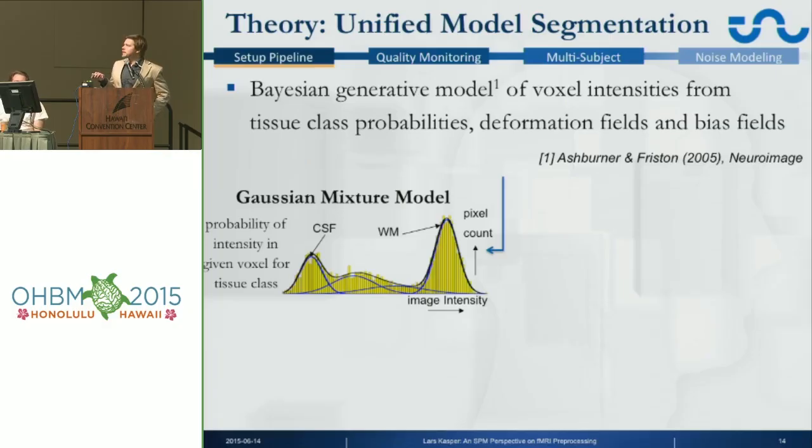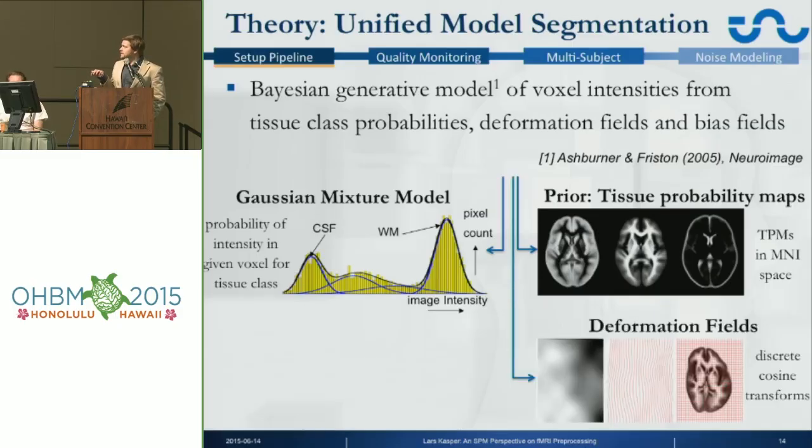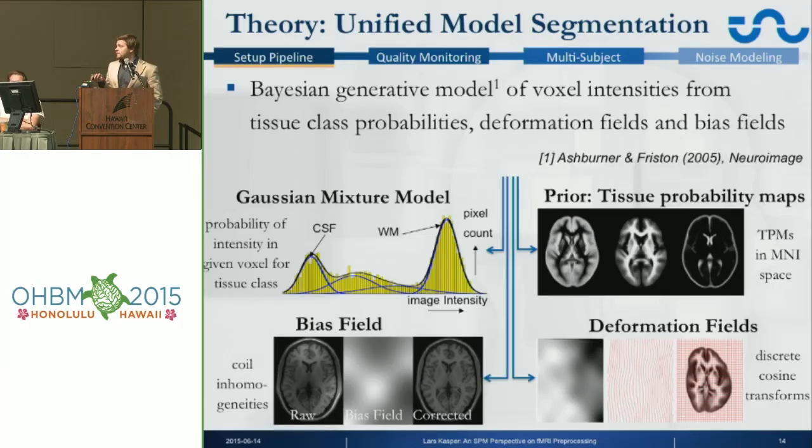So the way SPM models that is with a Gaussian mixture model. And it has priors on what individual voxels can have as tissue type, which are in MNI space. And then what SPM tries to do is to estimate deformation fields that can map your tissue probability maps to the actual distribution you see in the individual subject, and combine that with the bias fields for the more smooth changes in the intensity.